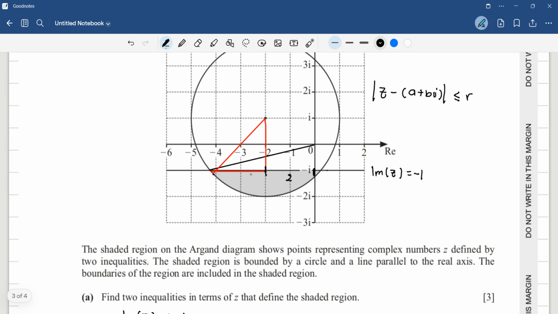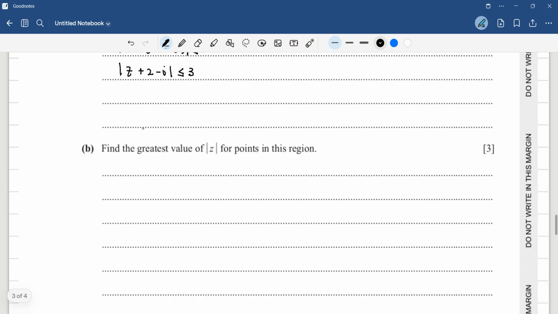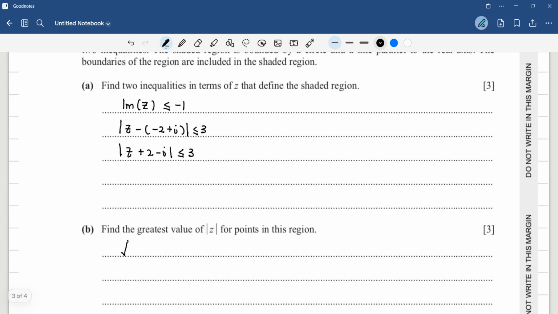We need to know the distance over here. From the center to this point is 2, and the radius is 3. Therefore, by using the Pythagoras theorem, the distance will be square root of 3 squared minus 2 squared, which is square root of 5.